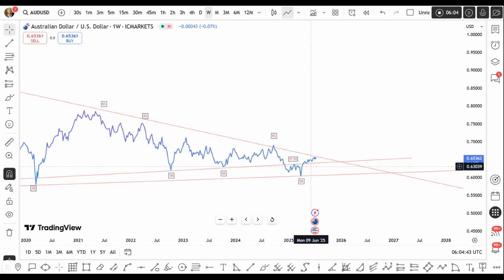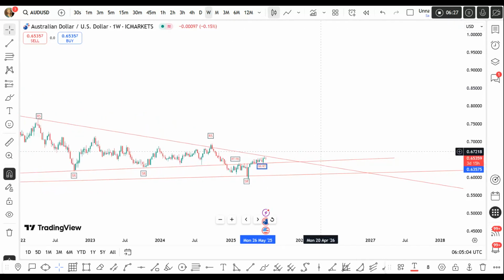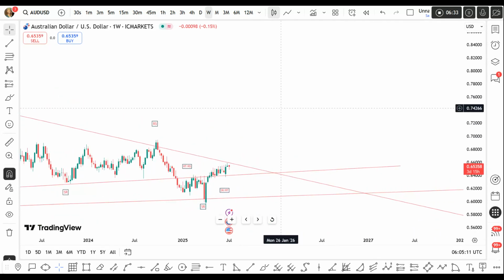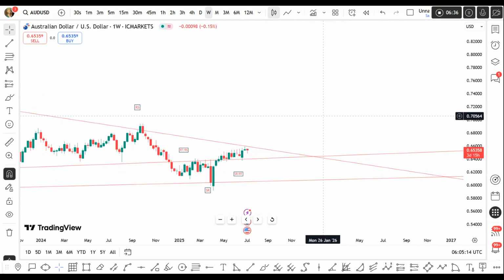So here automatically becomes our new support. Whichever way you do it, RT, SR, or SR, RT, they're all the same. Support becomes resistance and also a retest. And you have seen that the game looks like it's changing. Look at it. There is a breakout.